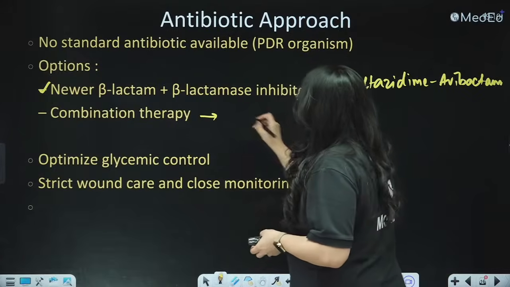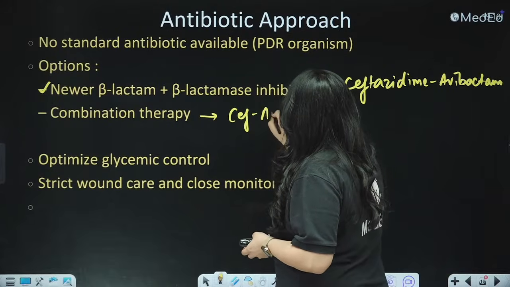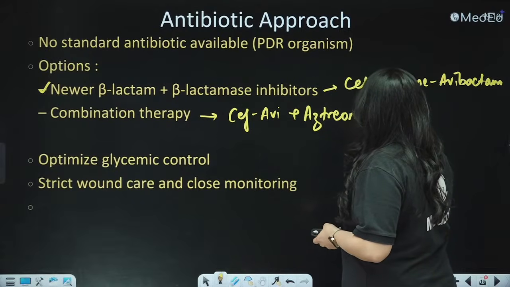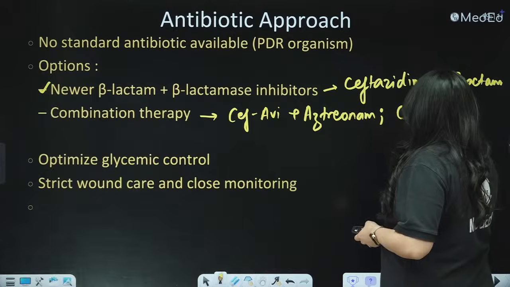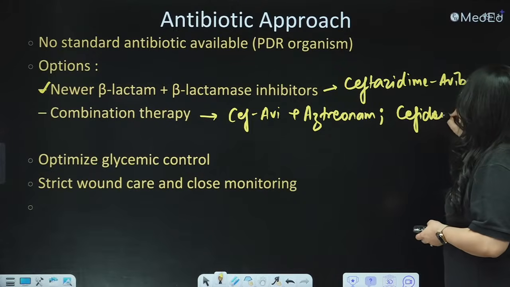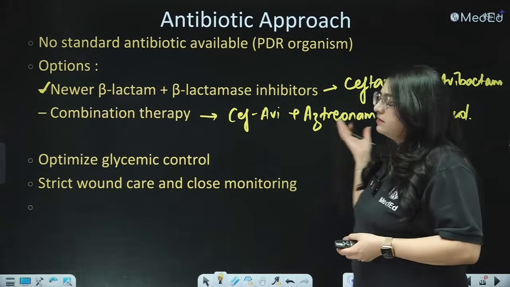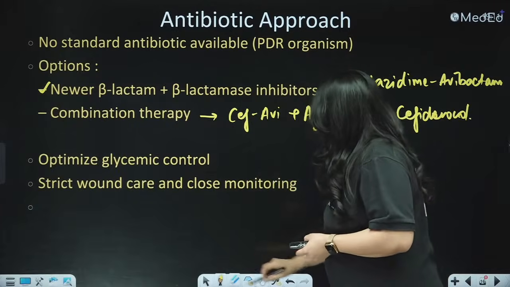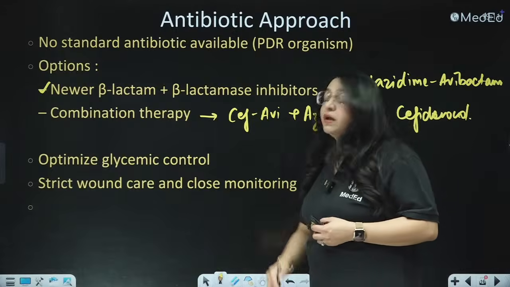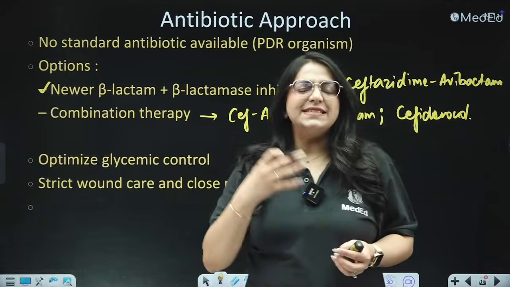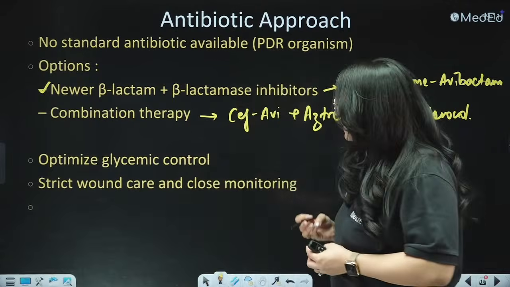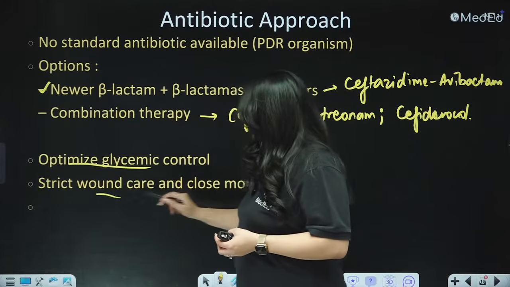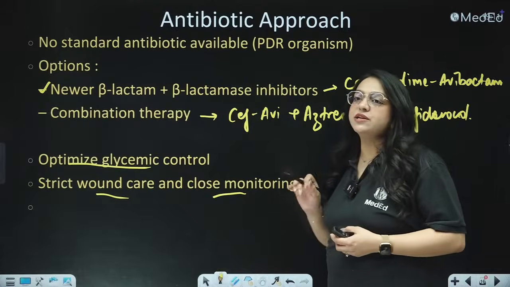But you can think of ceftazidime-avibactam plus aztreonam, which is a monobactam. Then cefiderocol, which is a 5th generation cephalosporin, etc. These newer agents can be tried in the patients. You have to optimize glycemic control, and strict wound care and close monitoring of the patient is now required.